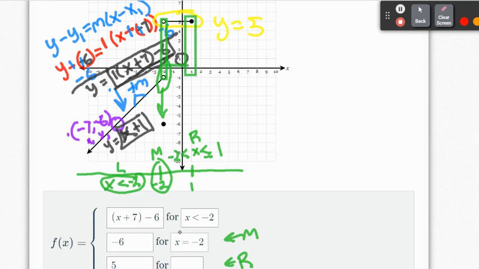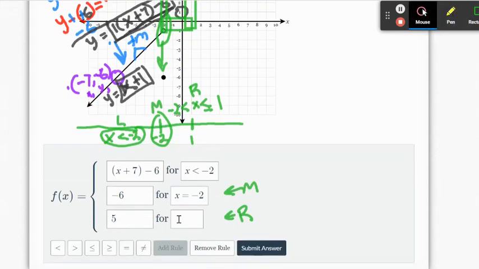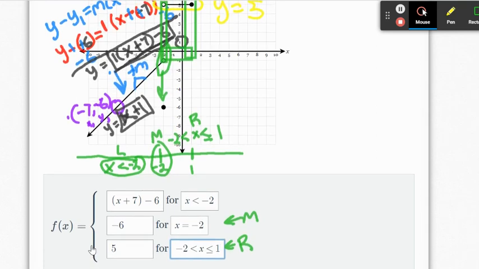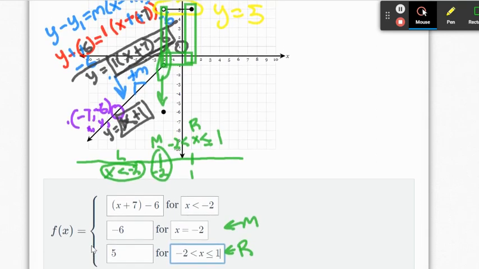That's the domain that you use that interval, that output for. So I go ahead and put in here -2 is less than x, which is less than or equal to 1. And again, I use the less than, not equal to, on the first one because it's an open dot, and the less than or equal to on the 1 because it's a solid dot at the end of that interval. And this should be your 3 function piece definition for this graph.